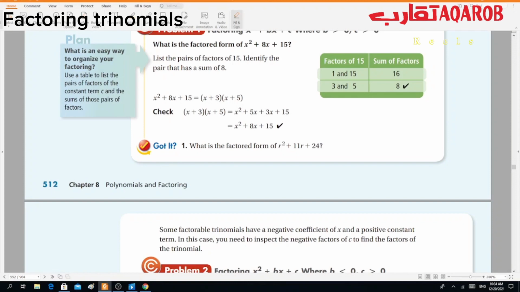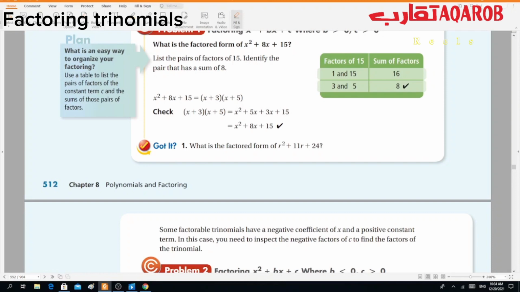What about the sign? I want you to focus with me, miss. About the sign, it's very important for you to notice that I have two signs in the trinomial. The first sign, the sign of the midterm, and the last sign, the sign of the constant. Now, you have to look first at the last sign, which is the sign of the constant.